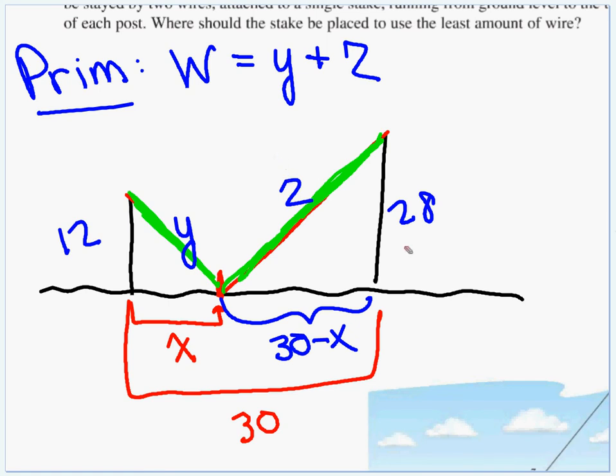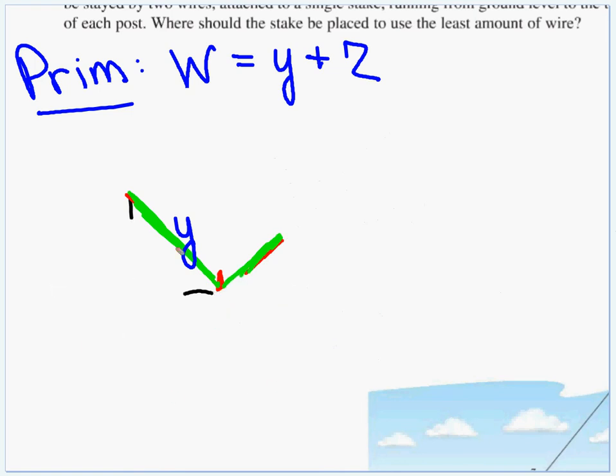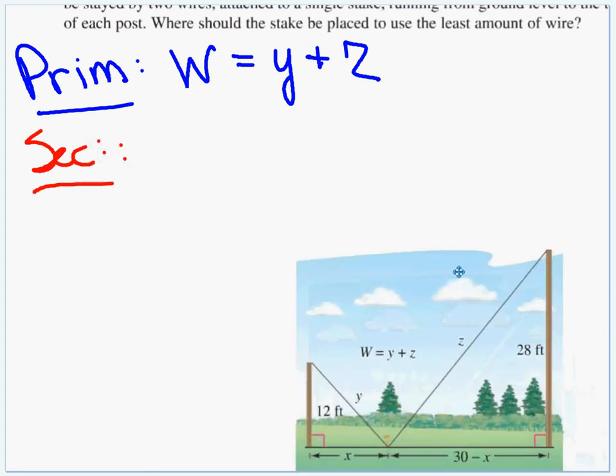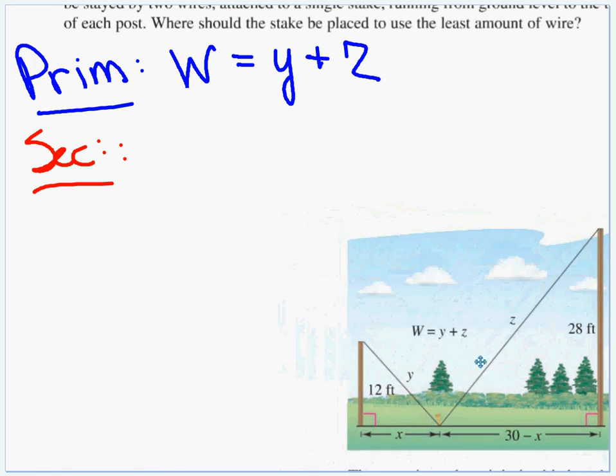Now, the secondary equation, or equations. We're going to need more than one. So the secondaries. Remember, we need the same variables that are going to relate it all together. So this length here, y, on the small triangle, and we have this side, which we have defined as x.